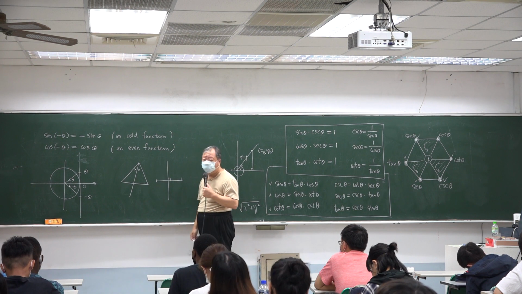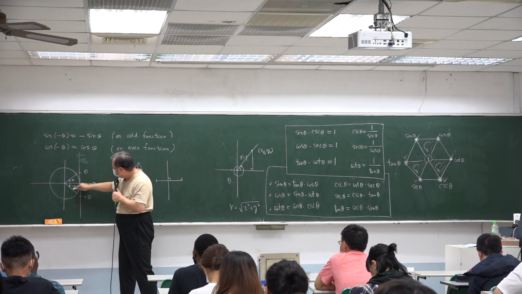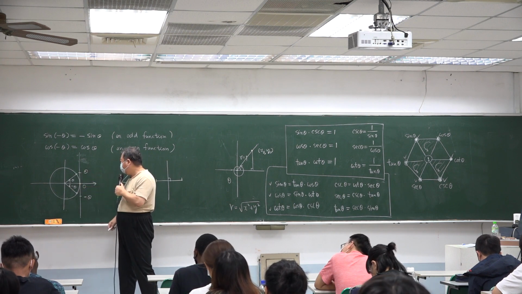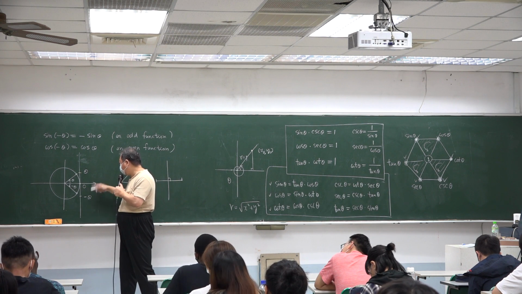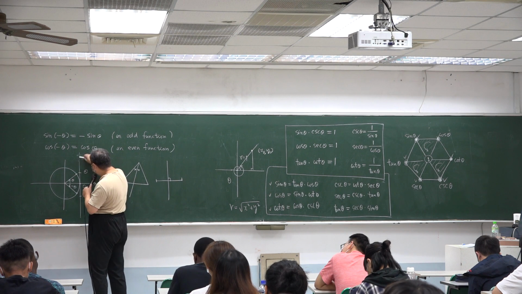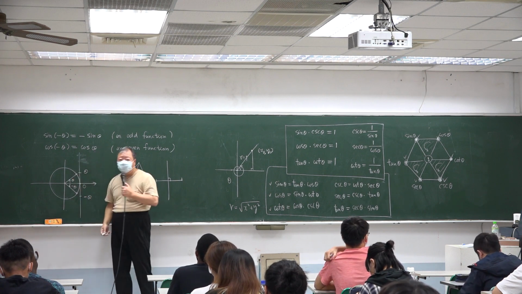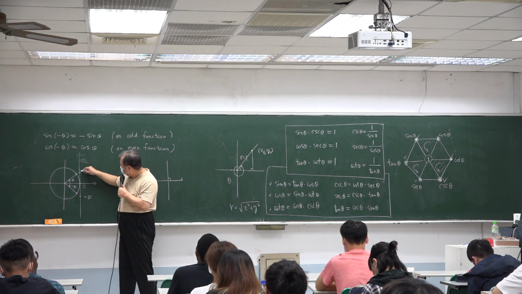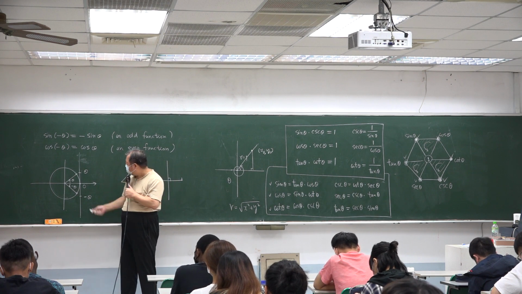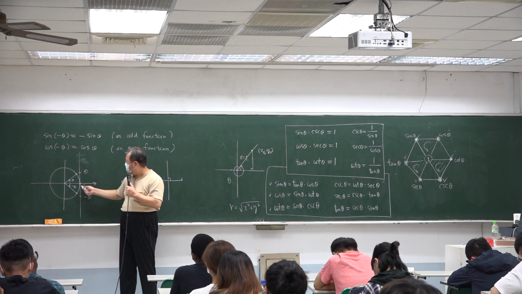Anyway, because these 2 angles are the same, so this point and this point will always be symmetric with respect to this one. If theta is large, then minus theta is lower. Anyway, 2 numbers, if they are negative to each other, then the midpoint of these 2 numbers will be the origin.